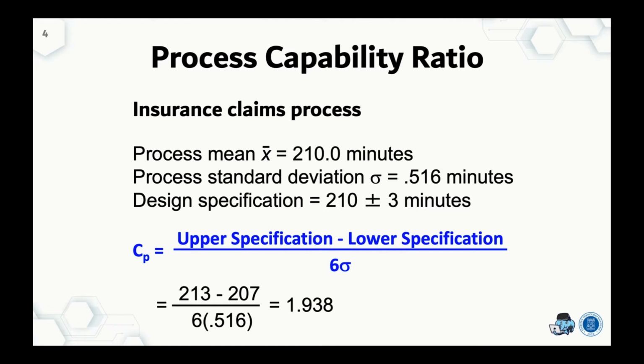Let's calculate the capability ratio. The upper specification limit minus the lower specification limit, in this case 213 minus 207, divided by 6 multiplied by sigma, which is 0.516, equals 1.9. Since this is above or equal to 1, we can say that this process is capable.